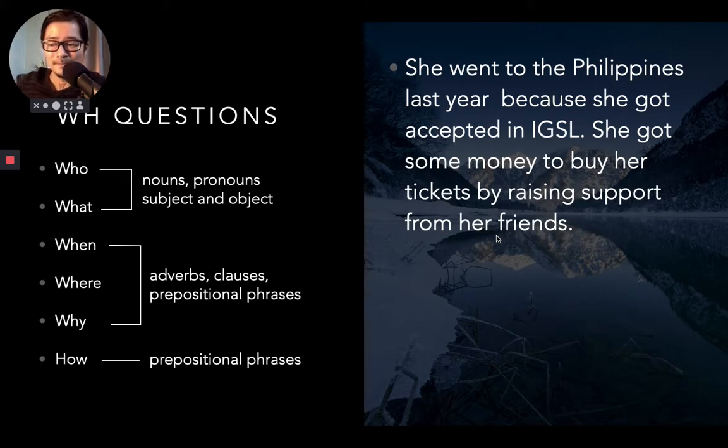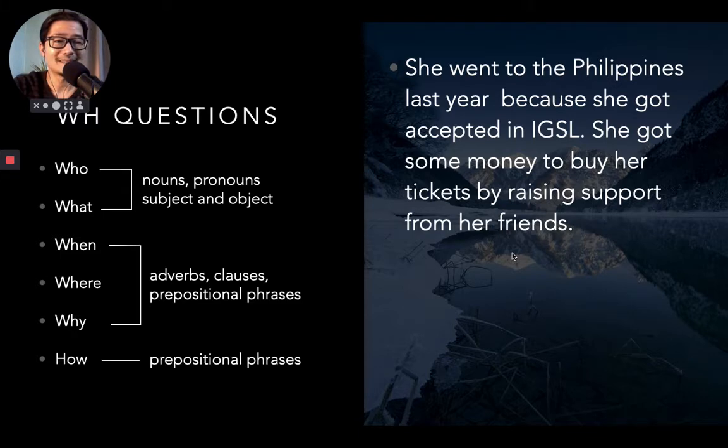There you go. So you just learned another grammatical pattern. Whenever you ask the question how, usually it can be answered by by, and then ing. We call this a gerund. By raising support from her friends. That's a pattern that you can use whenever you talk about by.